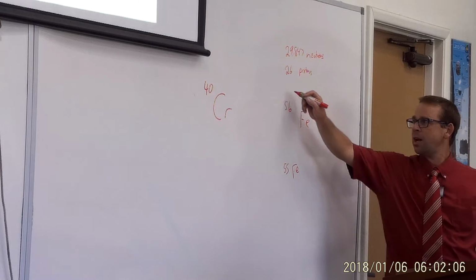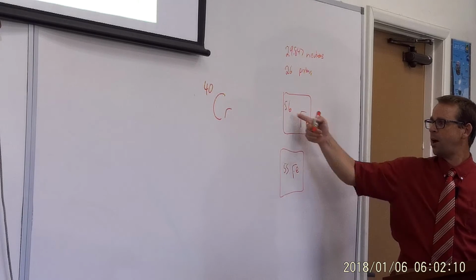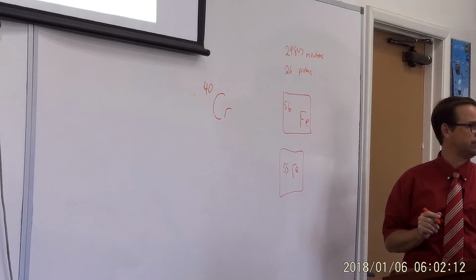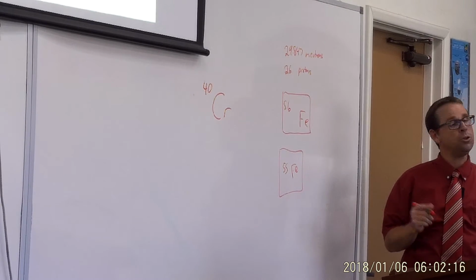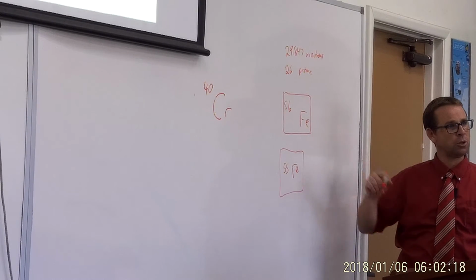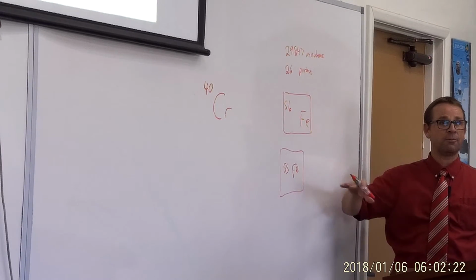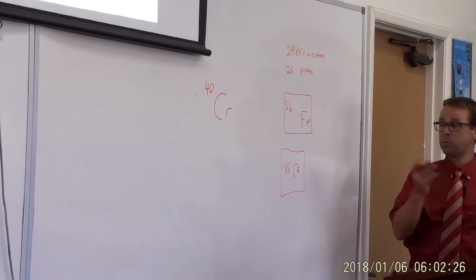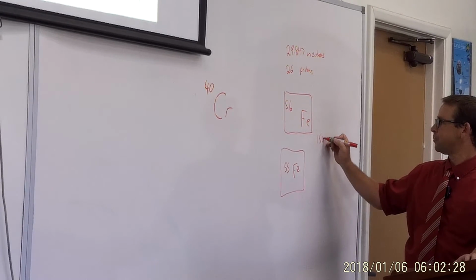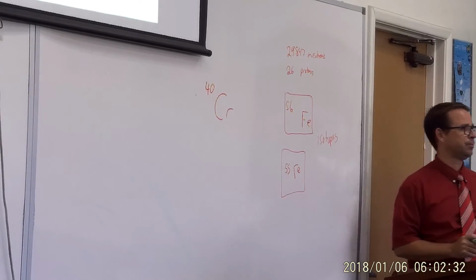So if I have iron 56 and iron 55, how do these differ from each other? Neutrons. They have a different number of neutrons. And we have a name for atoms that have differing numbers of neutrons and the same number of protons. We call these isotopes.